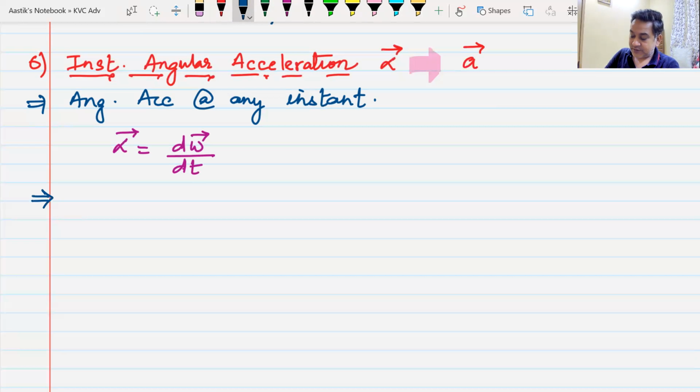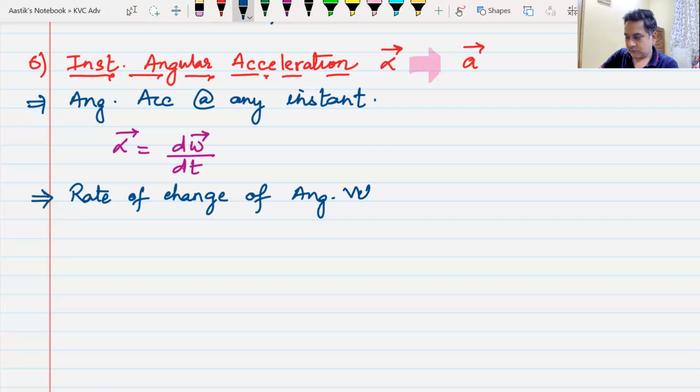As soon as we write it as d omega by dt, it is the rate of change of angular velocity with time.